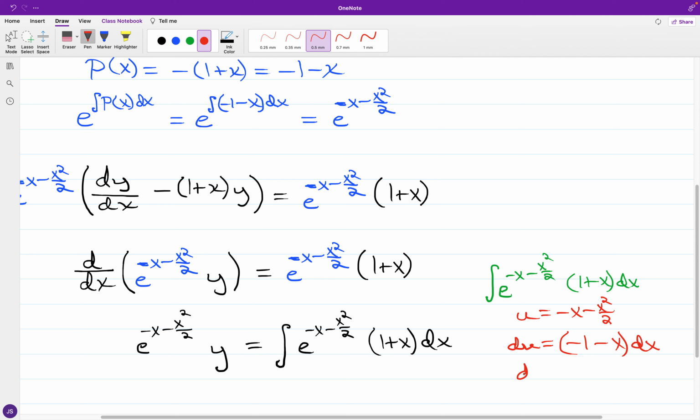And putting dx in terms of du, if I divide by negative 1 minus x, we'll have the negative of the quantity of 1 plus x from the u substitution.